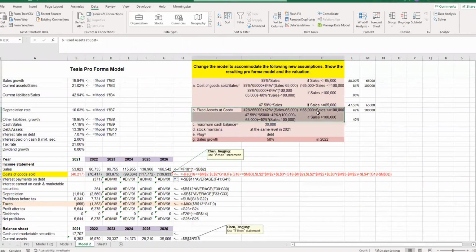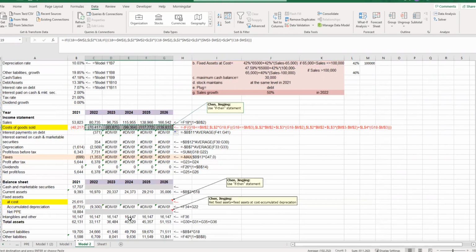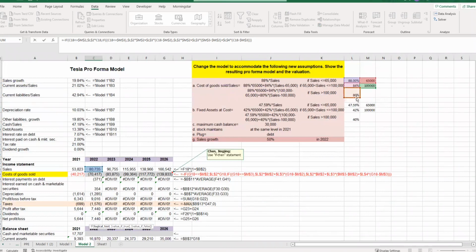And then move on to the next. If I want to incorporate this, fixed assets at cost, so I can basically copy all of those things here to fixed asset at cost here. Change it to the sales. And drag it down.